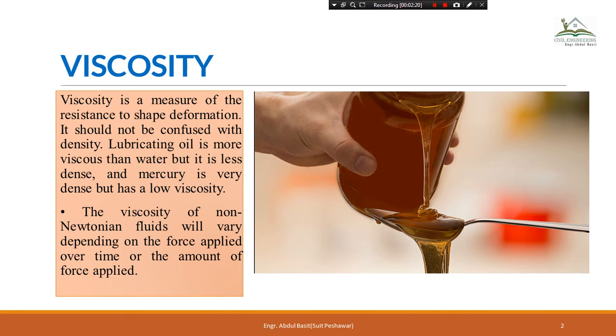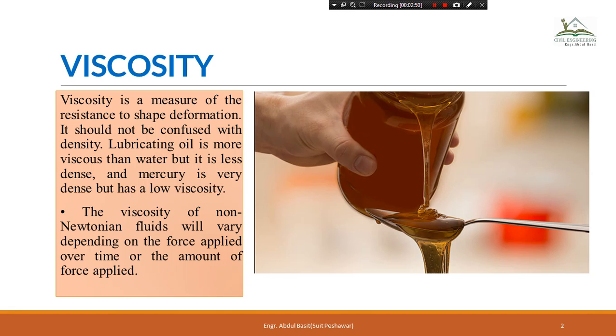In other words, it is the measurement of the shear force that is acting on the liquid layers to make them flow. Shear force is a force that is parallel to the surface of the object on which it is acting.